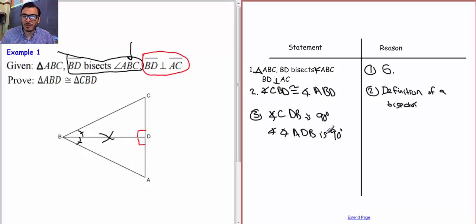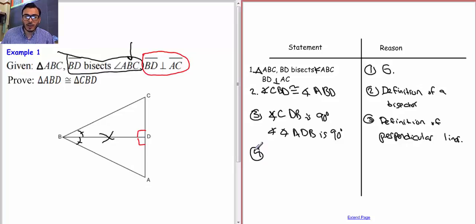And why did we say they are both 90 degrees? Because of the perpendicular lines, right? The perpendicular lines make 90-degree angles, so I can just write definition of perpendicular lines. Okay, next.